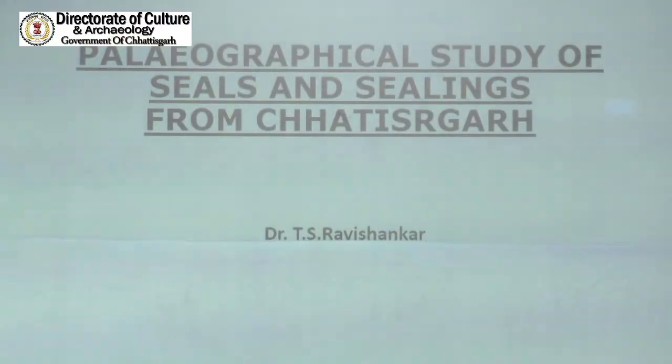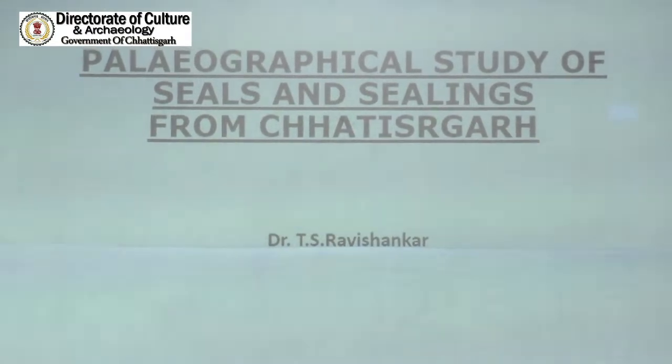The stratigraphical context will be highly useful when it comes with the other archaeological objects, and it goes well whether it is Kushan or later period.